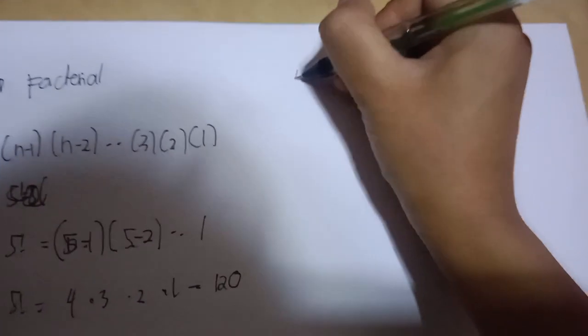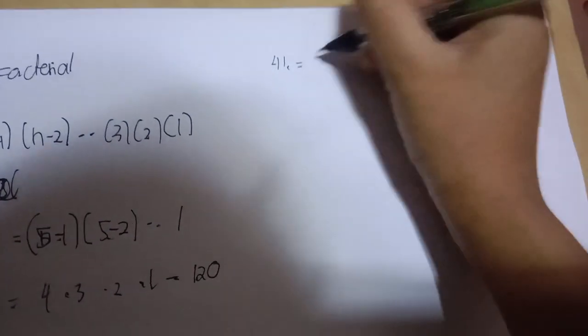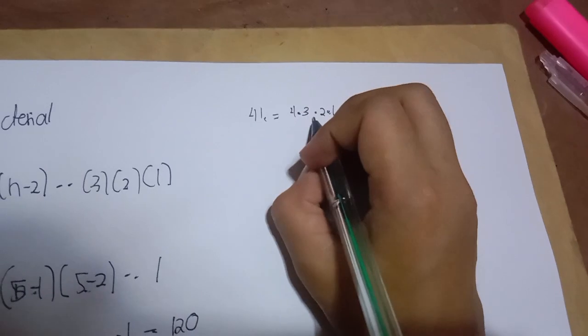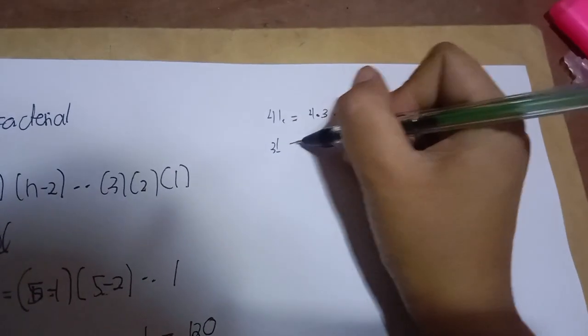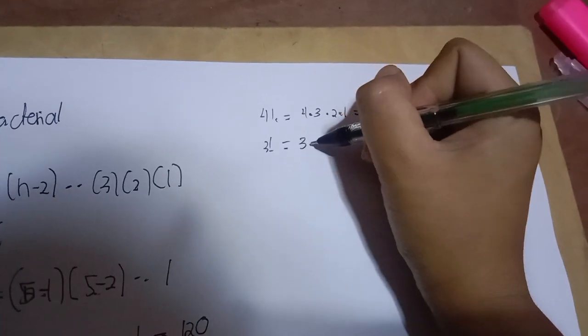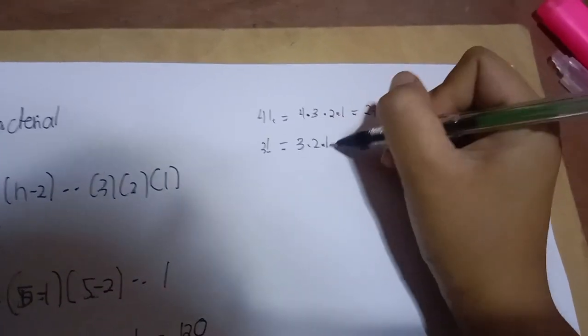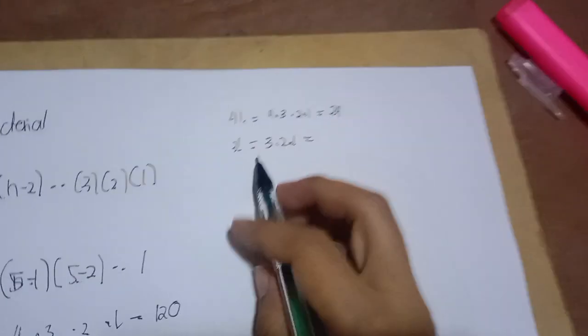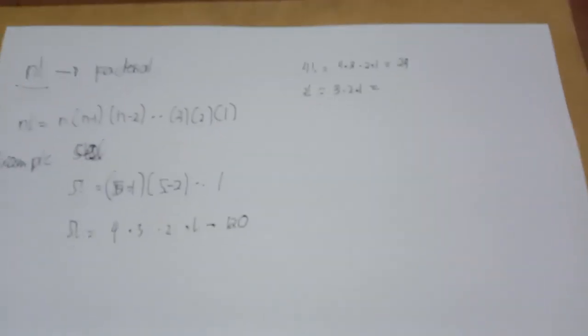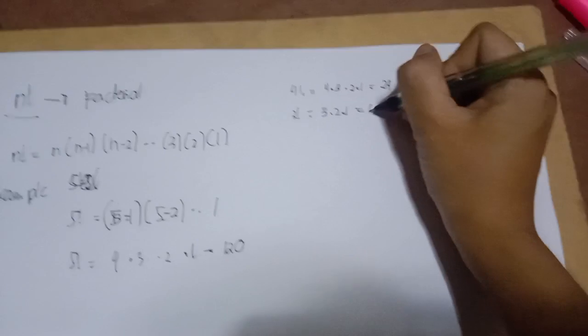4 factorial. So 4 times 3 times 2 times 1 equals 24. Then 3 factorial, 3 times 2 times 1 equals 6.